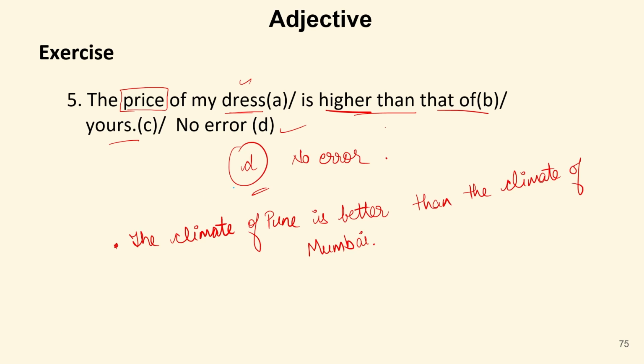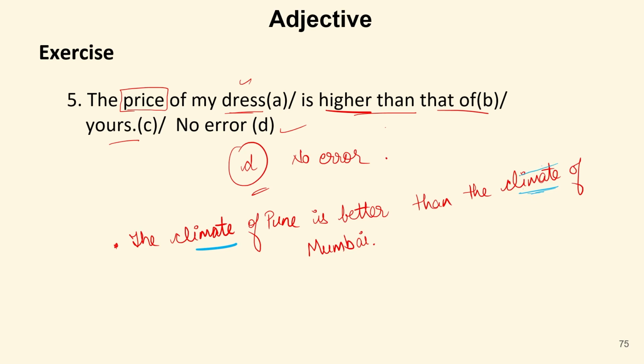We know well that to avoid the repetition of a noun, we use a pronoun. Now, in this sentence, we can see that the climate is used again later in the sentence. The climate of Pune is better than the climate of Mumbai. So, just to avoid this repetition, we can use a demonstrative pronoun to replace this noun.